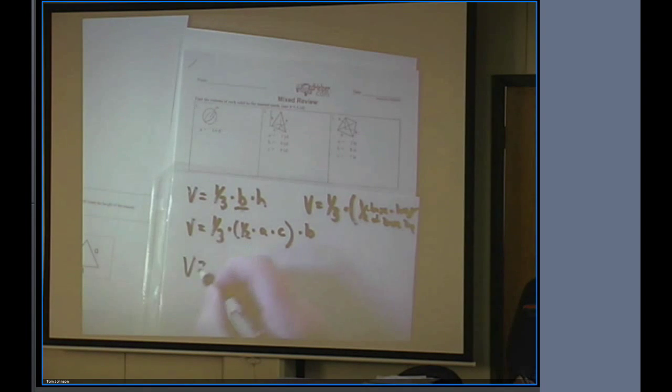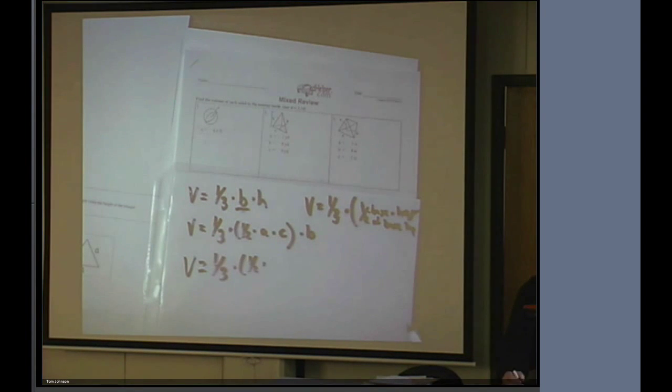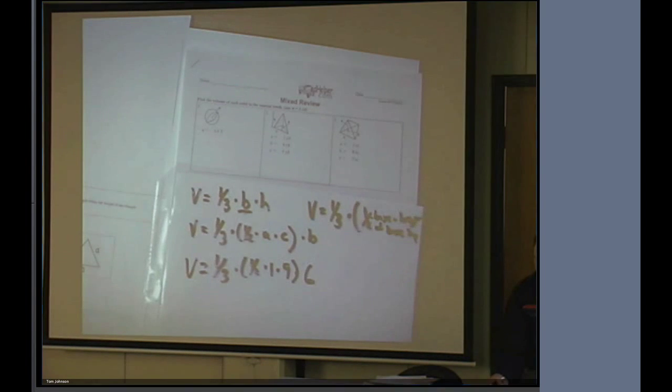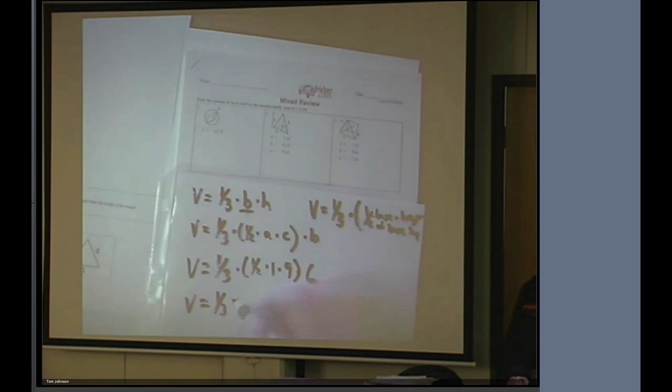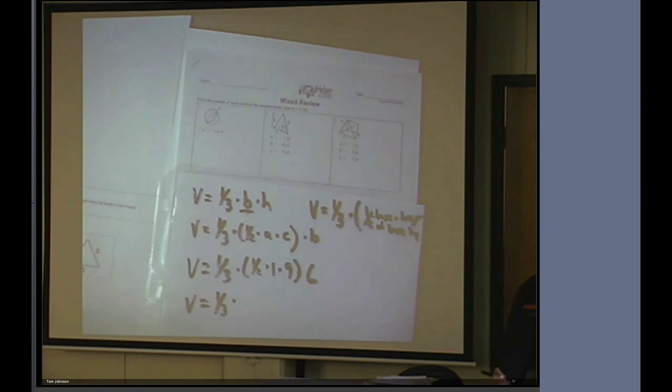So we get the volume is 1/3 times 1/2 times, what's A? 1 times C times B, which is 6, right? All right, so what is 1/2 times 1?